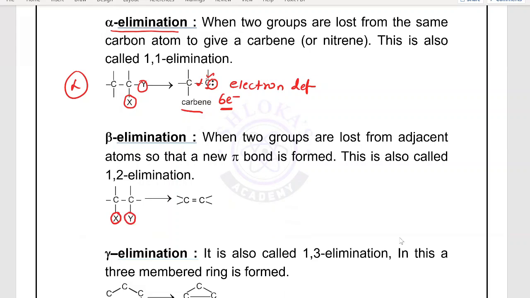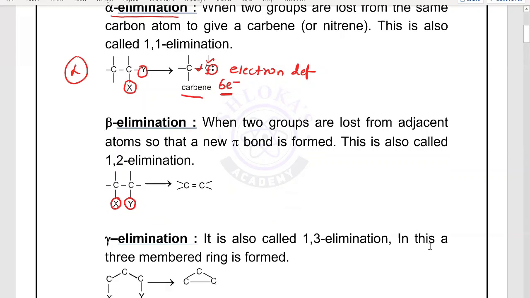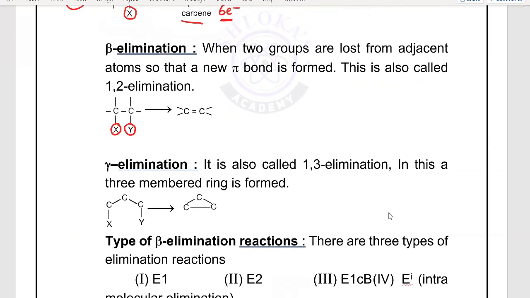If it is not adjacent, and it is from the 1st and 3rd positions, you see here, if I give the numbering alpha, beta and gamma as 1, 2, 3, and I remove the atoms from the 1st carbon atom and the 3rd carbon atom, it results in the formation of a cyclopropane ring. This elimination is called gamma elimination.